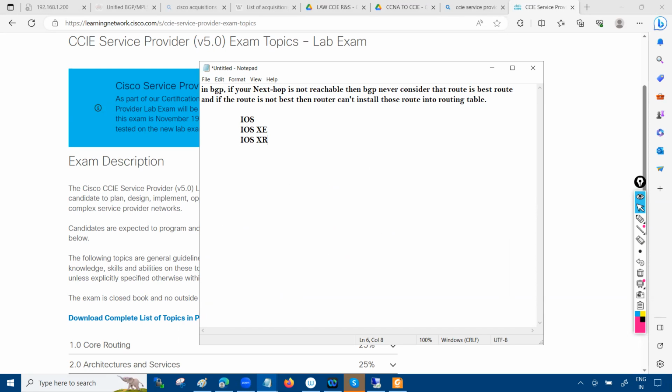I have seen that multiple people who teach service provider only discuss the IOS part. Most of the commands they do on IOS, or either they do XR. It's not like that here. If we have a topology, we are going to discuss IOS and IOS XR as well.